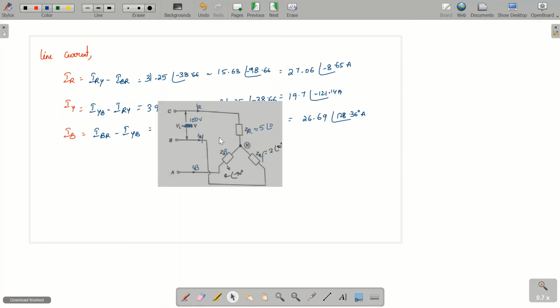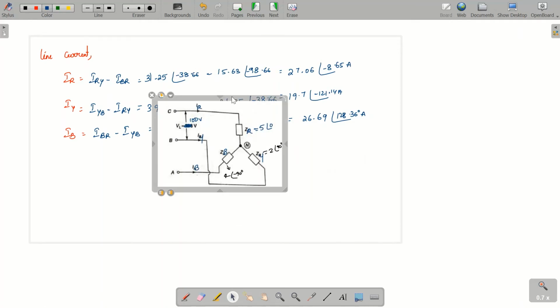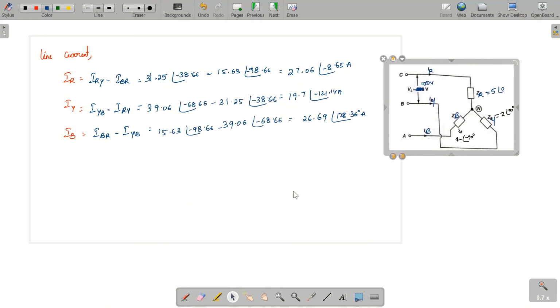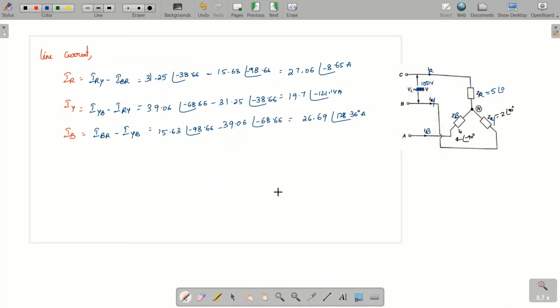Okay, here we will solve. See here, now we got the line currents: IR equals 27.06 at an angle of minus 8.65.